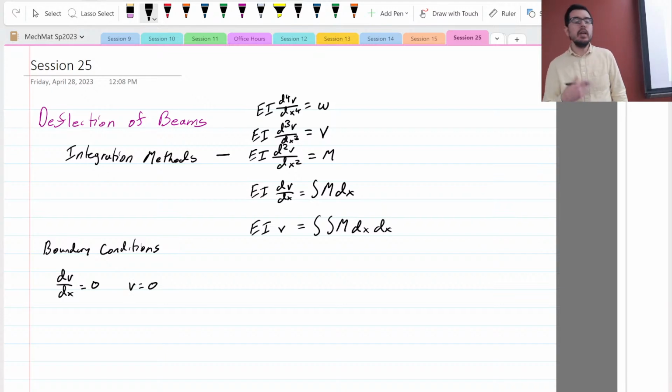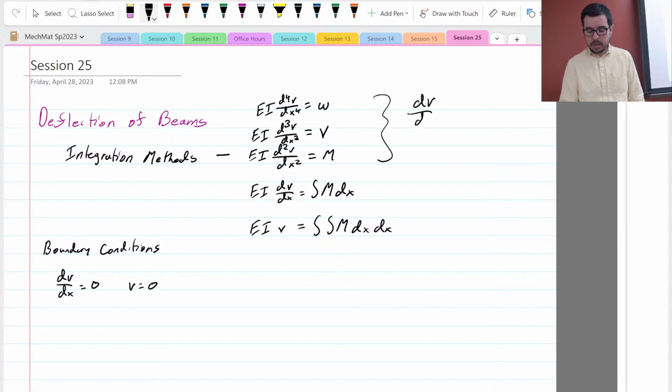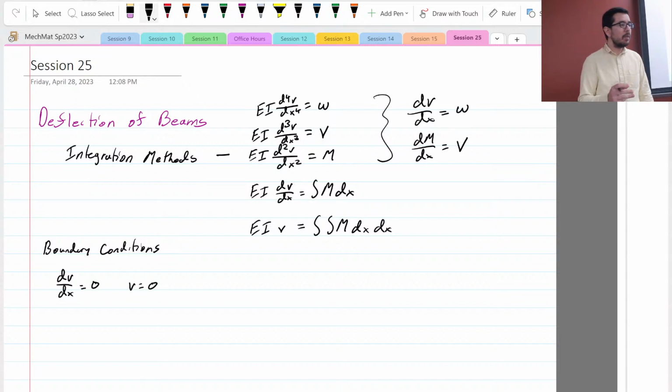You can have boundary conditions as well for the moment and for the shear force, but it's probably safer to remember that these are related: dv/dx is equal to w, and dM/dx is equal to V.